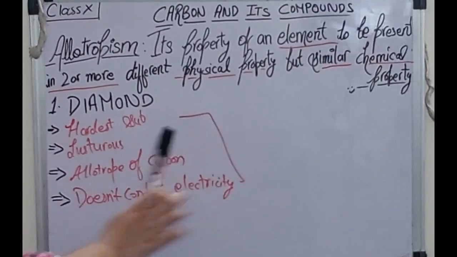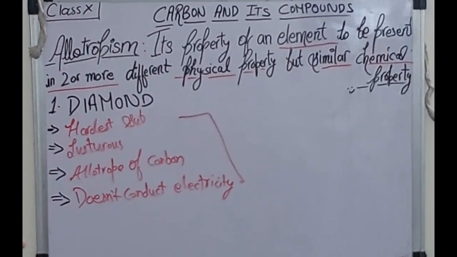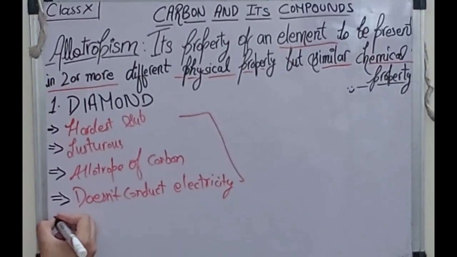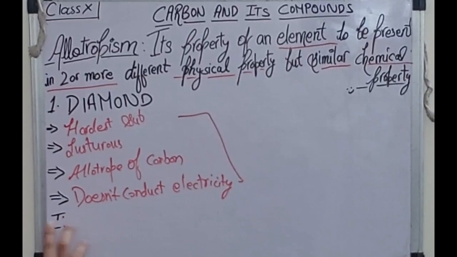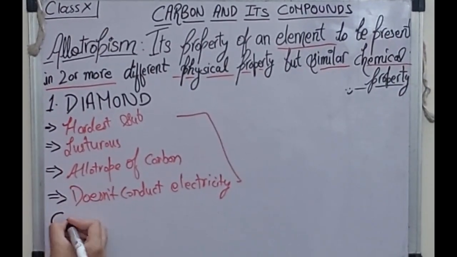Okay, it doesn't conduct electricity. I'm going to tell you about it and what I'm trying to say here. First, let me tell you, I am just denoting C for carbon.